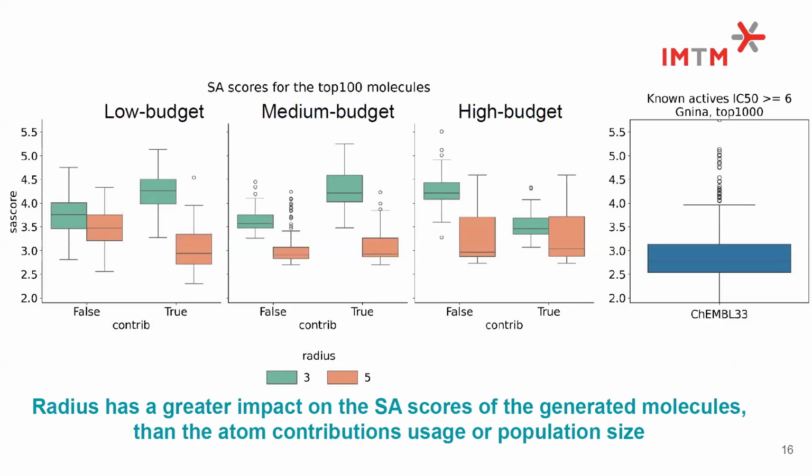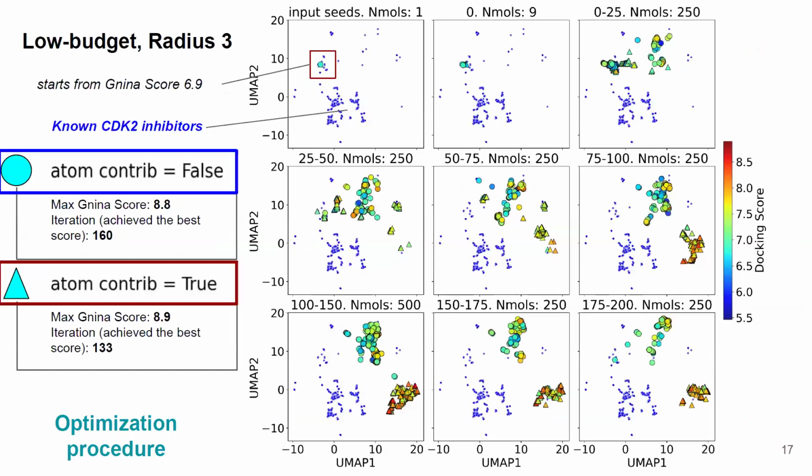They have the same distribution of SA score, but we can control the synthetic accessibility of our generated molecules by the radius. It was already shown in the article, and again we see it in our results, that we can control the synthetic accessibility of the molecules just by controlling the radius, but not by the parameters of the algorithm itself.